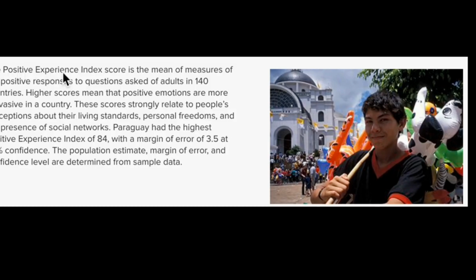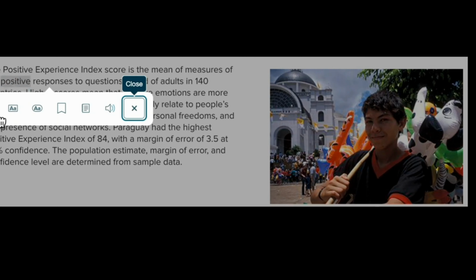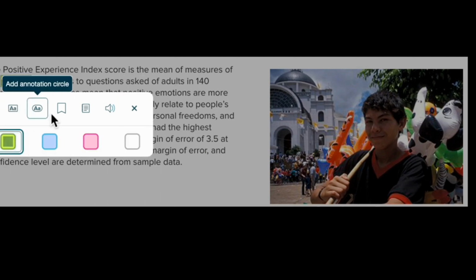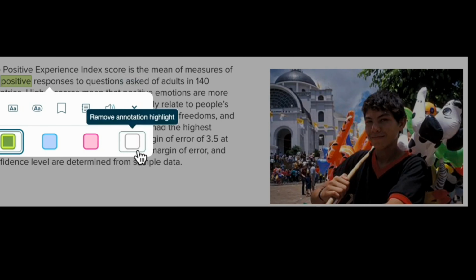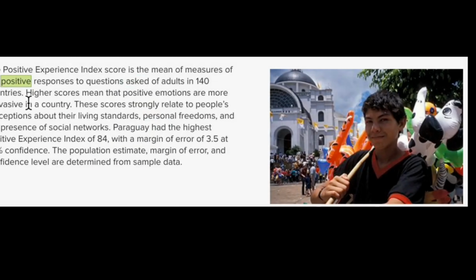Now it says the positive experience index score is the mean or average of the measures of positive responses. Positive responses is your fill in the blank to questions asked of adults in 140 countries.